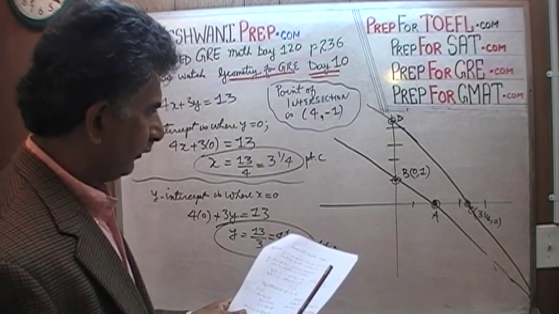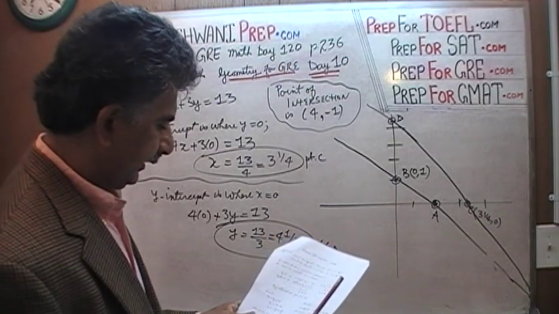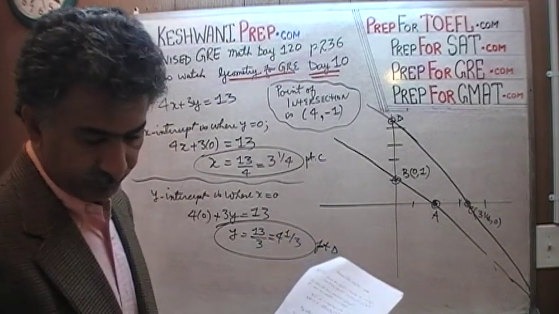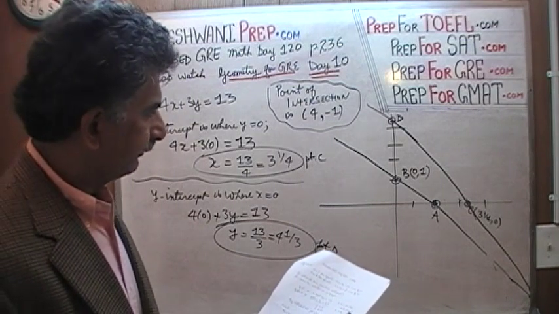It should intersect at 4 and -1. I have not plotted my graph very nicely, but everything else is fine. The graphs are okay. It's just we did not do a good job on plotting them.